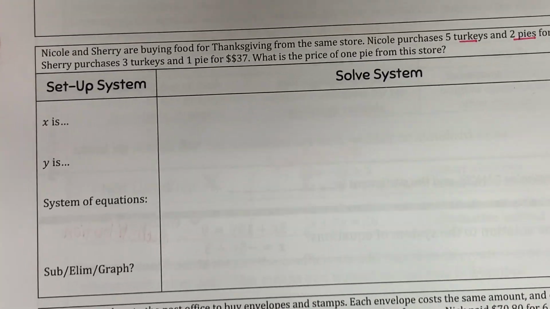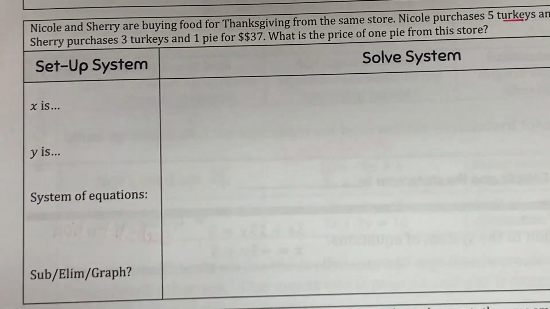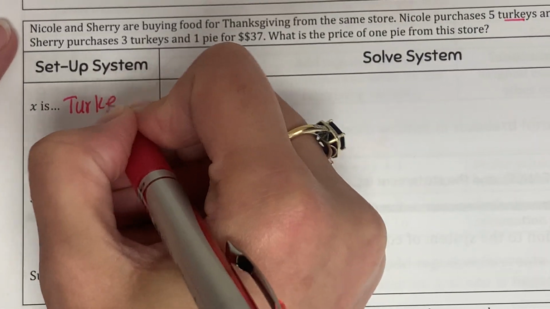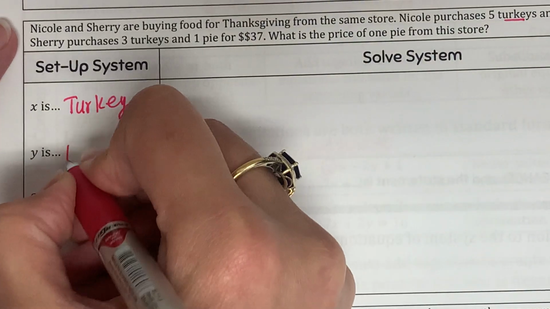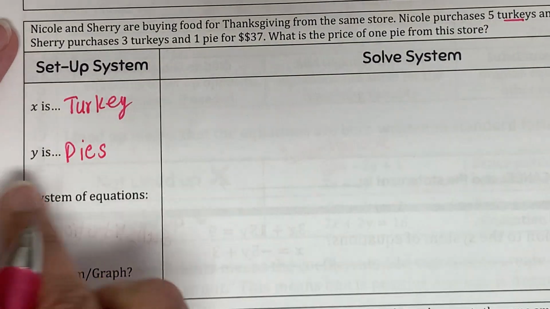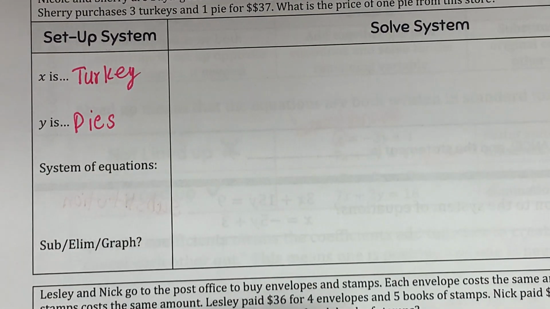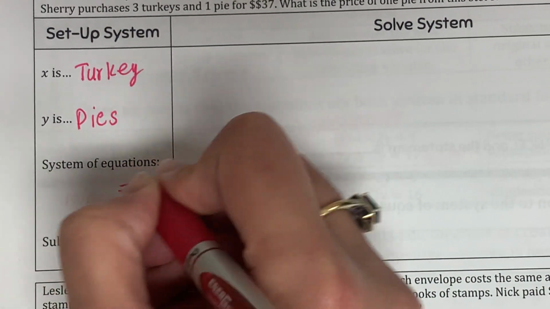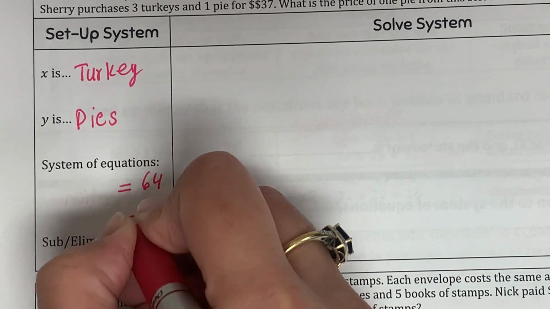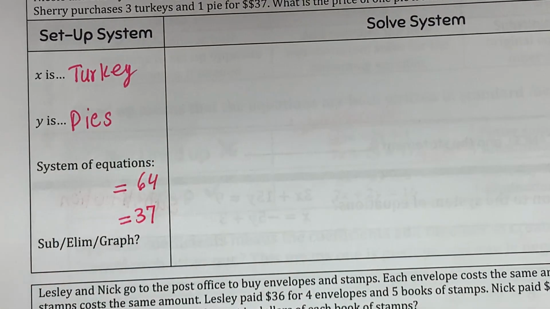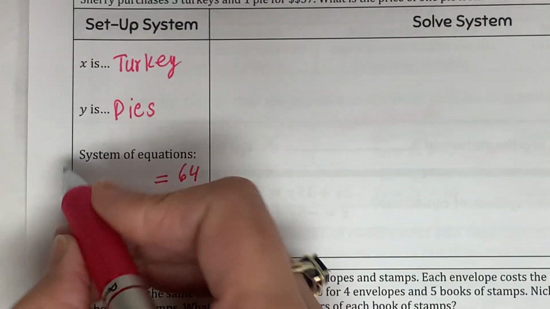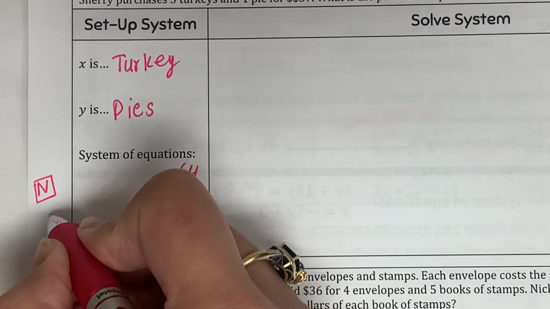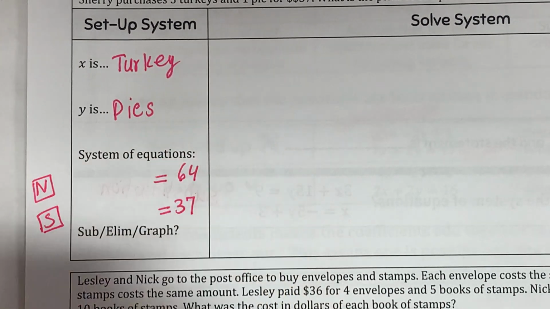Let's name our variables. I'm gonna call turkey x because it came first. So turkey is x and pies is y. I need 2 equations. First total is 64, second total is 37. So this is the equation for Nicole, and this is the equation for Sherry.